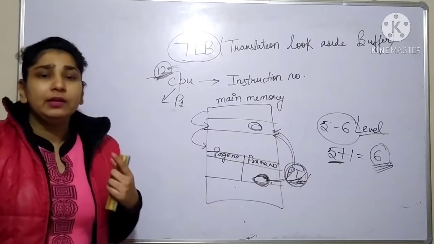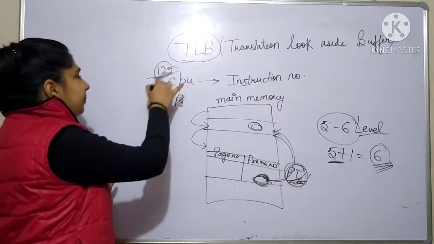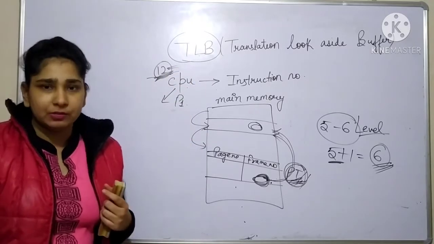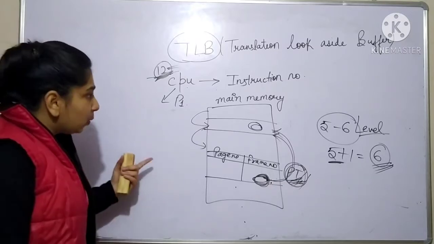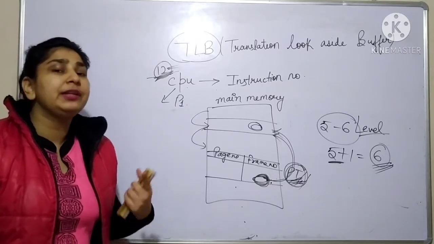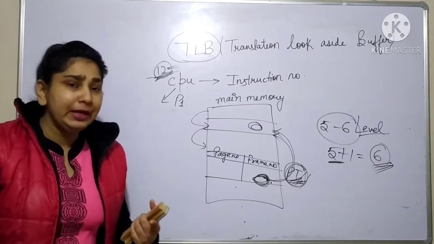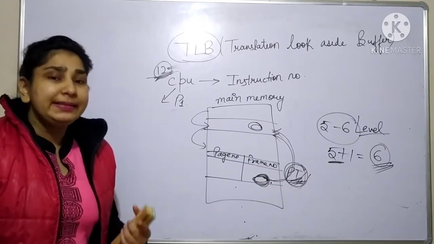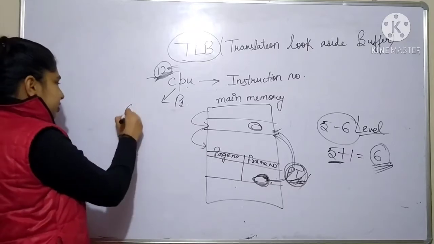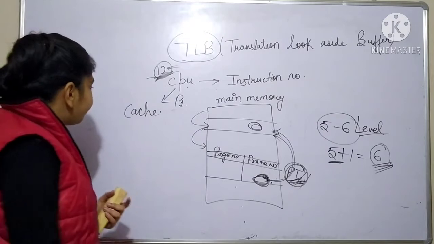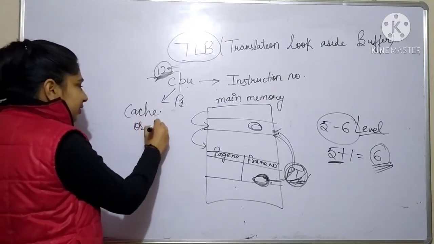So if we know that your CPU is requesting the 12th instruction again and again, what can we do to reduce the access time of your instruction from main memory? We can take help of cache, or you can say registers.